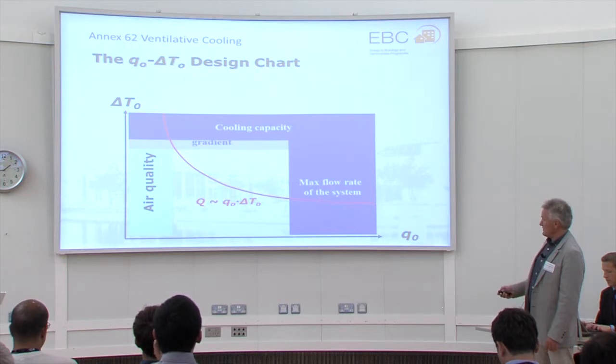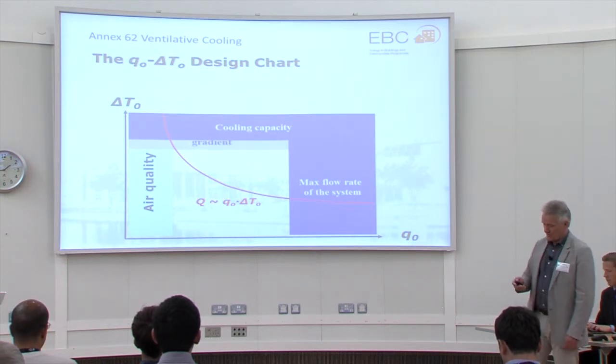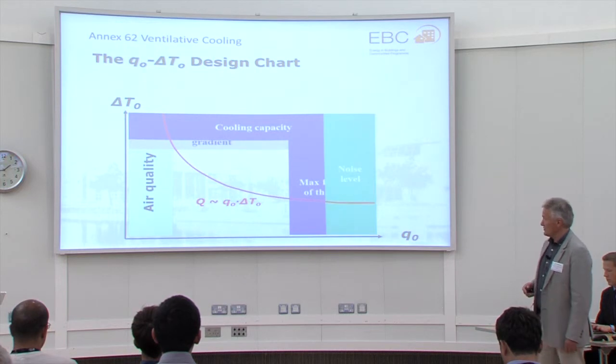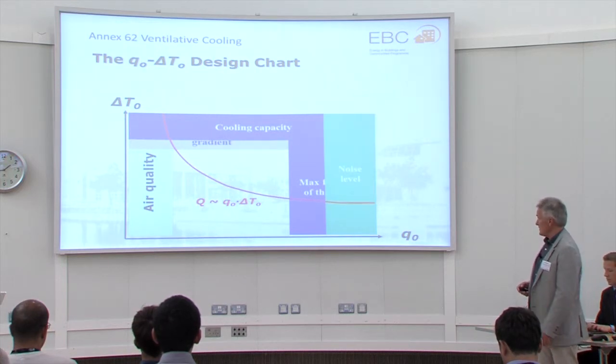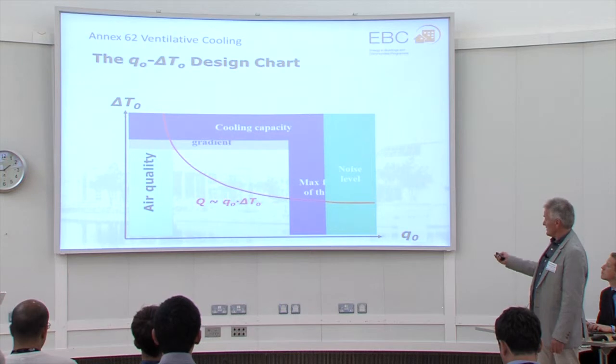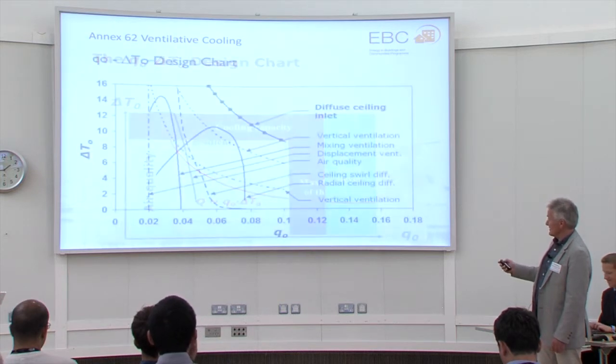So we will be left with an area where the system can work, due to constraints of the system and due to draft risk or anything. Also noise level, I forgot that.